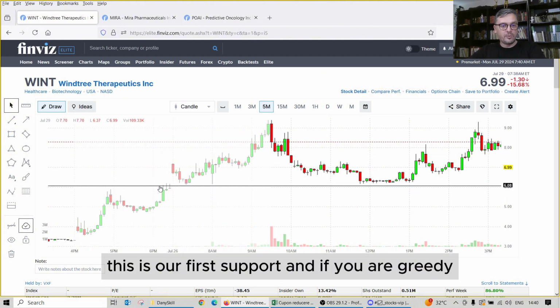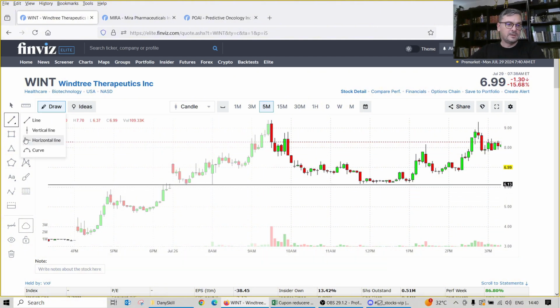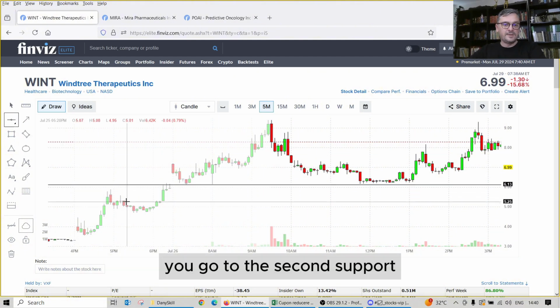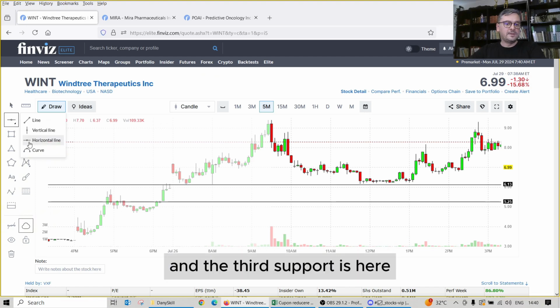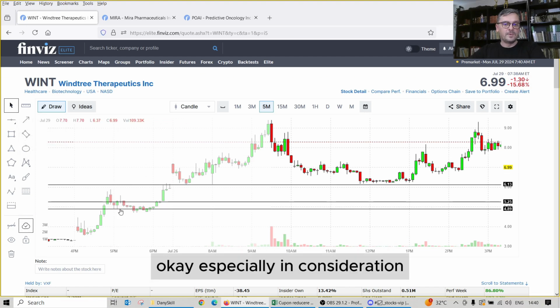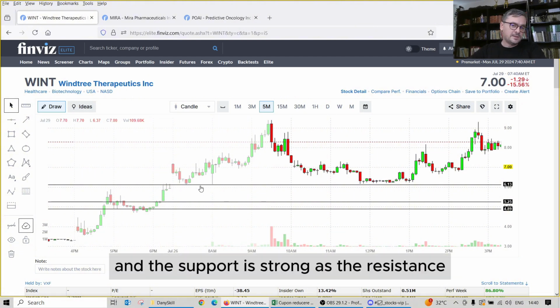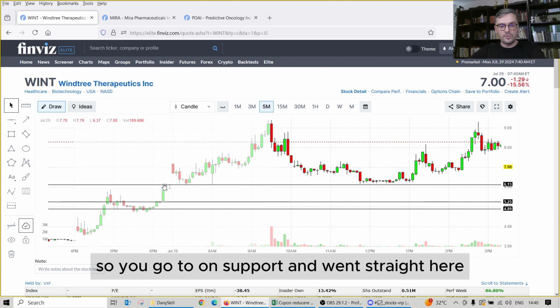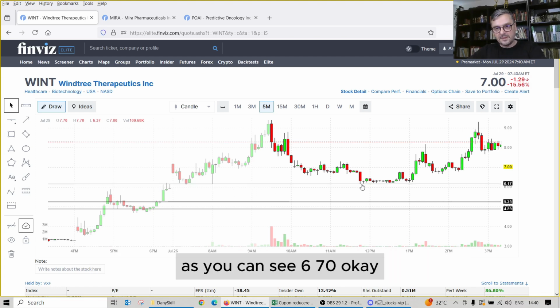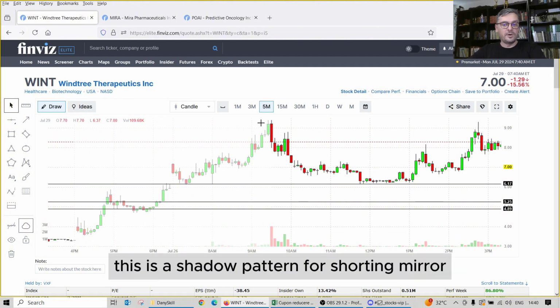This is our first support, and if you are greedy, you go to the second support, and the third support is here, especially in consolidation. But here you have the key price, resistance here and support here, and the support is stronger than the resistance, so it went on support and straight here, as you can see, 6.17. This is a shadow pattern for shorting.